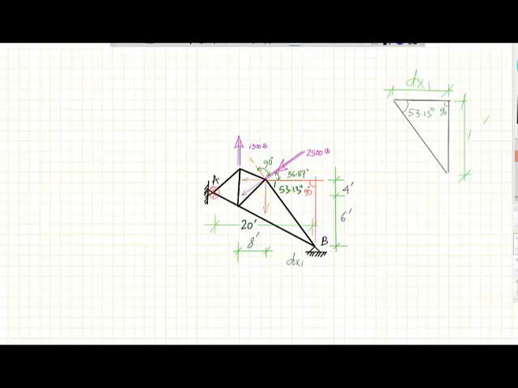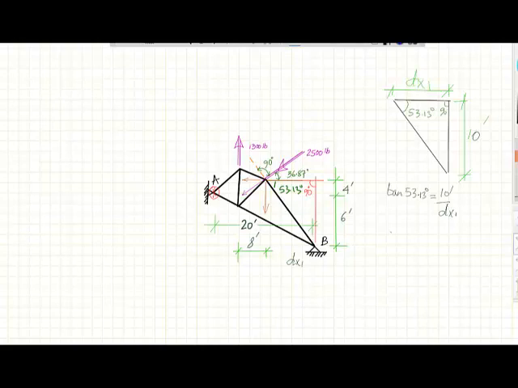To calculate dx1, we'll take the tangent of angle 53.13 degrees, which is equal to the opposite, 10 feet, divided by dx1.